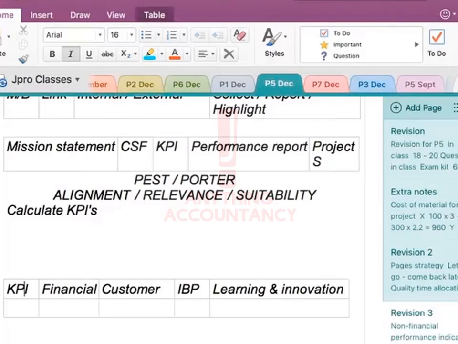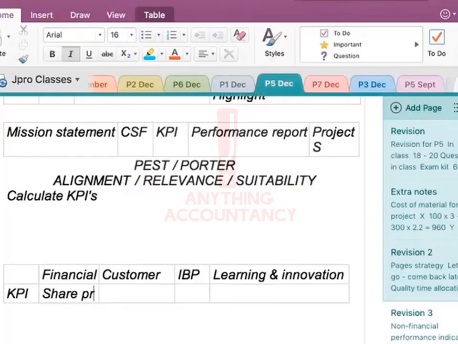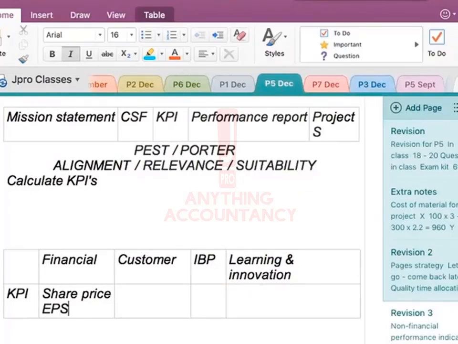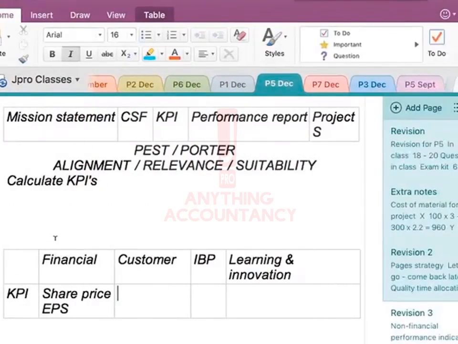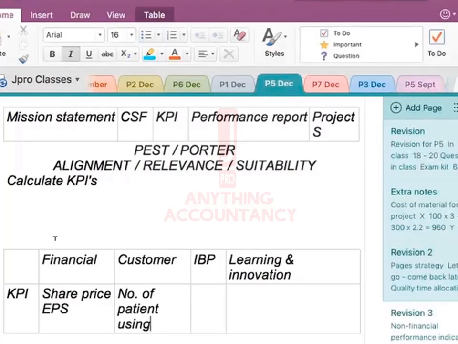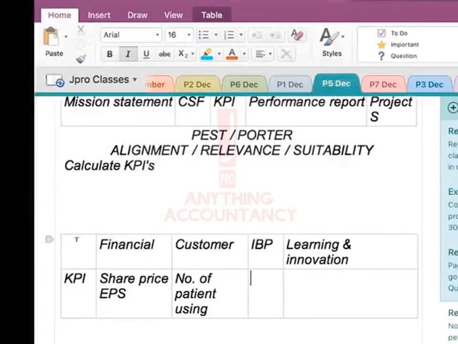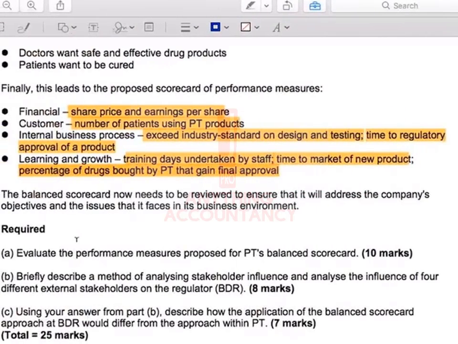Okay, what were your KPIs? What's the KPI here? You got share price and EPS. Next one is the number of patients using the product. Next one, exceed industry standard on design and testing.